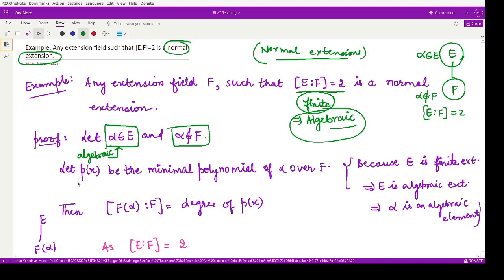That means we have some polynomial p(x) which is the minimal polynomial of that element over F.